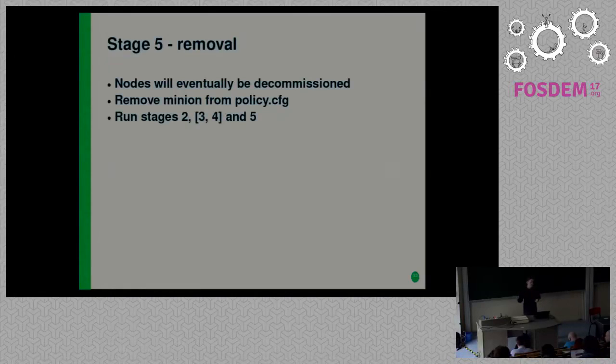You can always run stage 3 and 4 too, because everything you do in Salt is idempotent, so it won't change anything if there's nothing to change. The idea here is that when you decommission an OSD, you might want to deploy a new OSD with new hardware. So if you do that in one step, you obviously want to run stage 3 and 4 before, so you want to deploy a new node before you take out an old one.